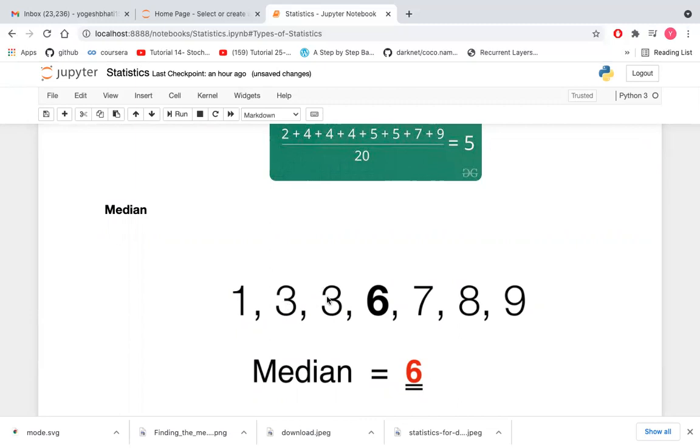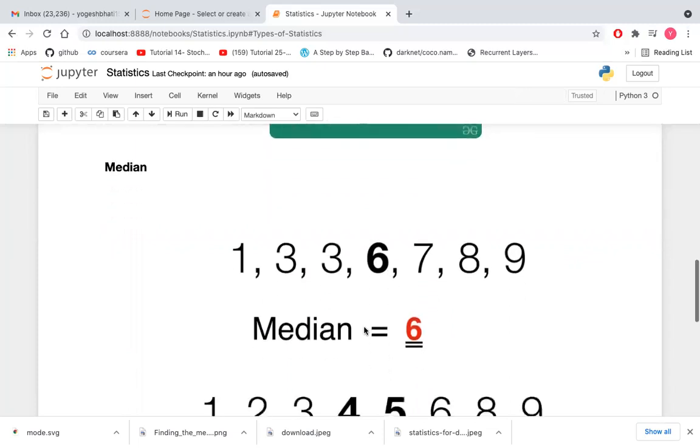The total count is 7, and 7 plus 1 divided by 2 gives 4. So the fourth value will be the middle value. This is how the median of odd data is calculated.